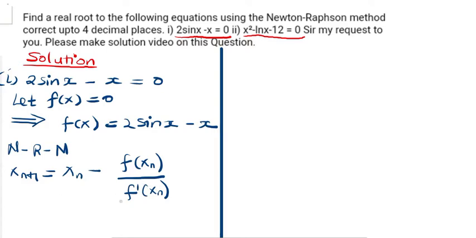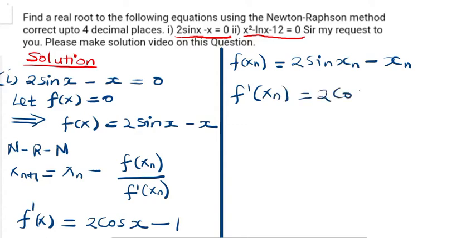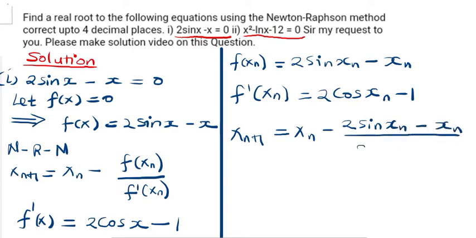So let's first of all go ahead and get the derivative of f(x). So we are going to go ahead and discretize f(x) and f'(x). So here we go. We have f(x_n) is equal to 2 sine x_n minus x_n, and f'(x_n) is equal to 2 cos x_n minus 1. Substituting in this Newton-Raphson method, we have x_(n+1) equal to x_n minus (2 sine x_n minus x_n) over (2 cos x_n minus 1).